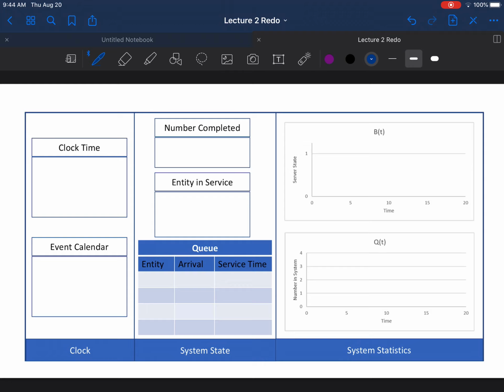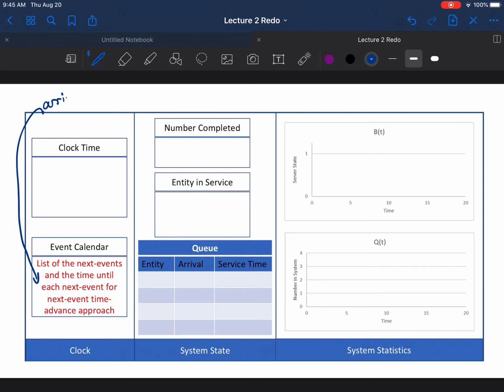Okay, so here is going to be a sheet that we use for the snapshot for this system. You can see that we have a clock section, a system state section, and a system statistics section. The clock time is what is the time of the simulation. The event calendar is the list of the next events and the time until each next event, or next event time approach. And in particular, what's going to be in here are the next arrival time and the next departure.